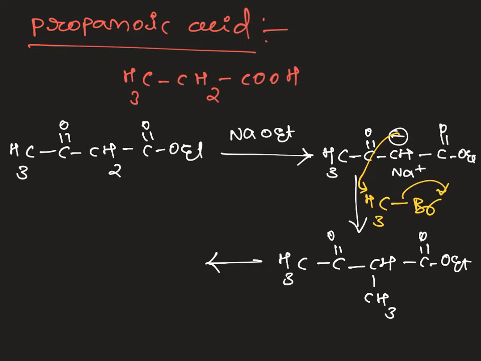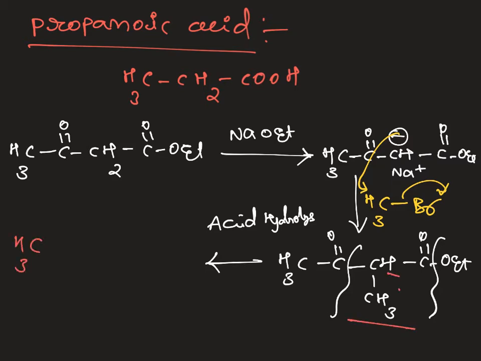After this we have to do hydrolysis. Which hydrolysis do we have to do? Acid hydrolysis. If we do acid hydrolysis, the cleavage will take place here, and here we get CH3 and here CH2 and COOH.